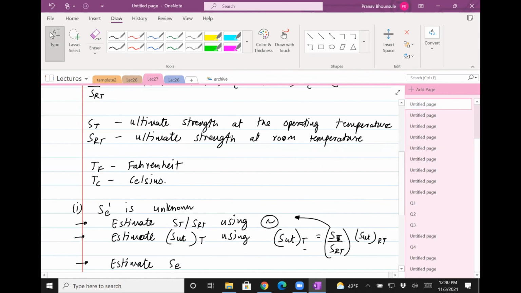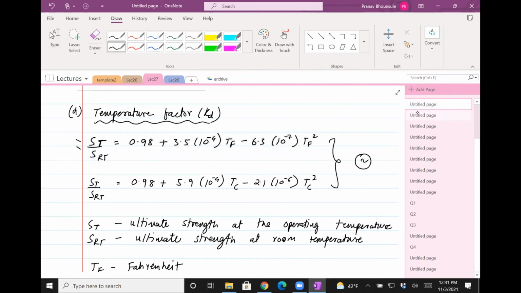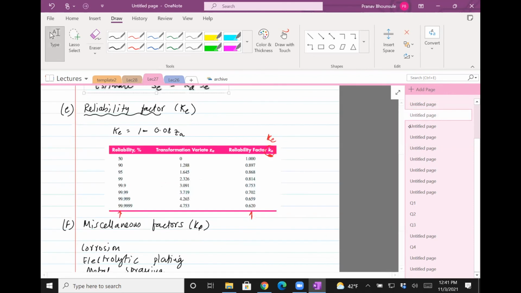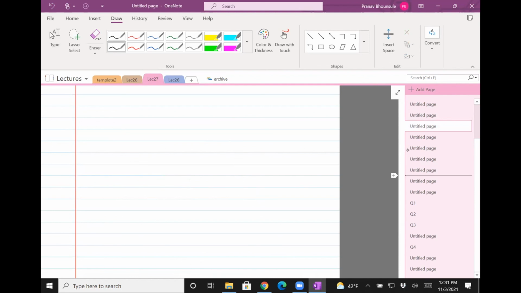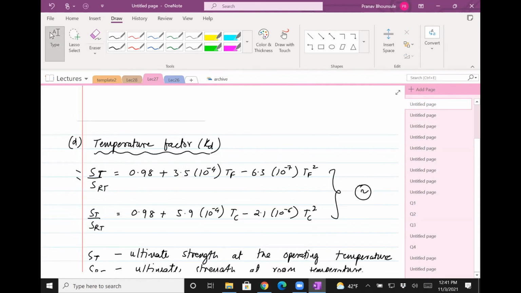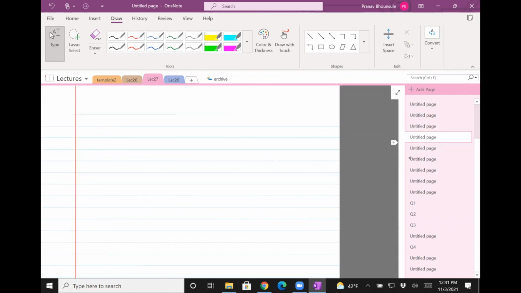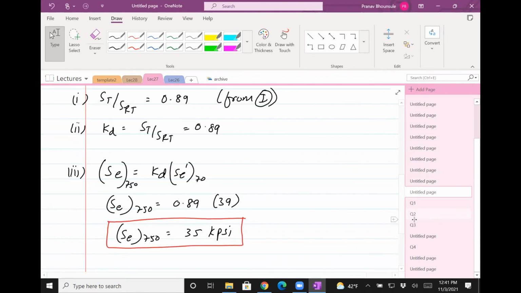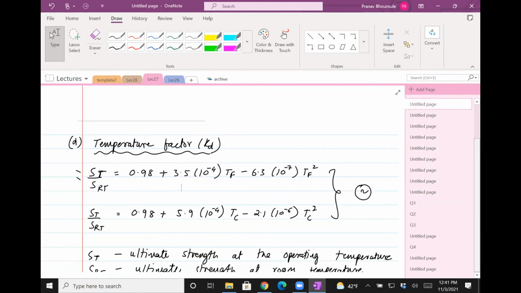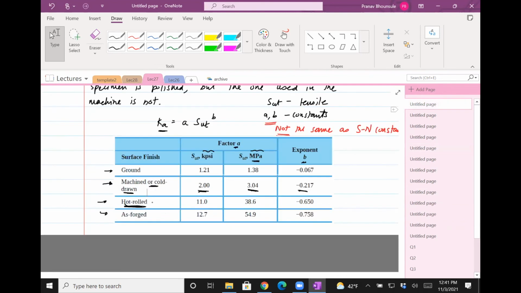Thought I had it on the first page. Oh, there it is. Okay, here. So I need to use machined.